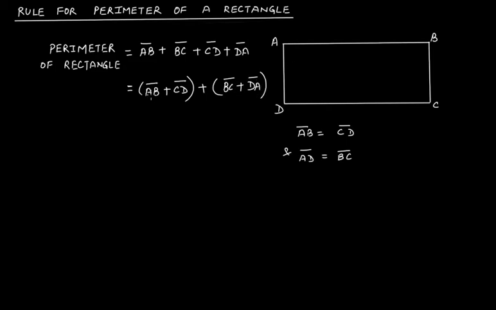Now we know that these two sides are equal, right? And this is what? Length, right? So this will be what? 2 times length plus this is what?